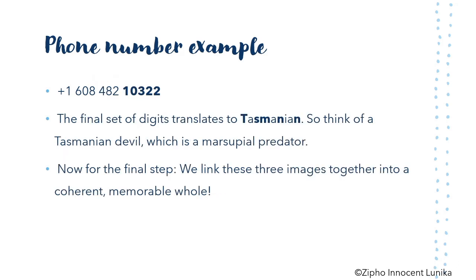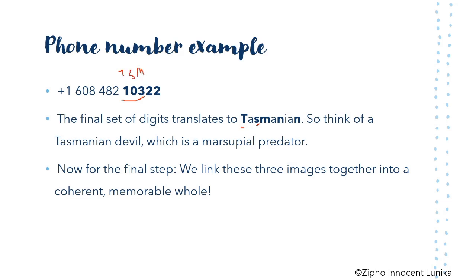The final set of digits translates to Tasmanian. So you may think of a Tasmanian devil, which is a marsupial predator found in Australia. I believe it is now extinct. However, there's another technique that you can use. You can just think of this number as 103, which is TSM.